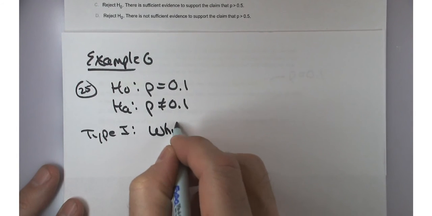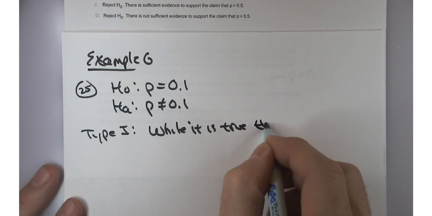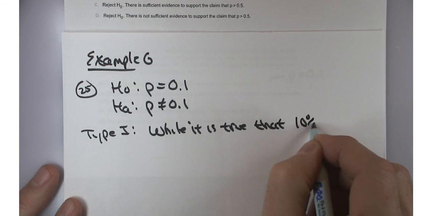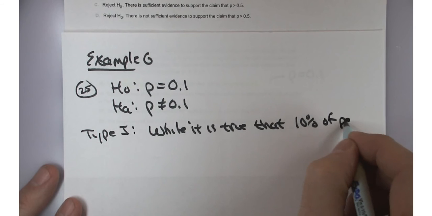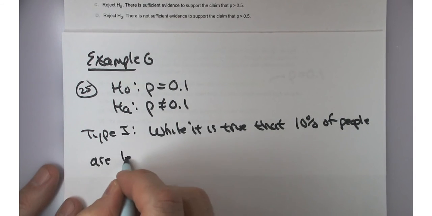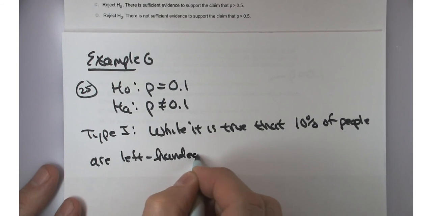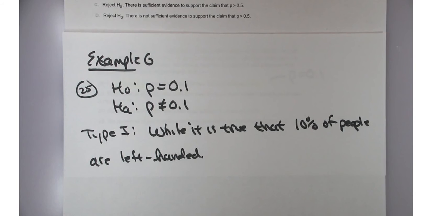While it is true that 10% of people are left-handed, so what am I doing here? I'm stating what's true about H naught, or the condition of H naught.